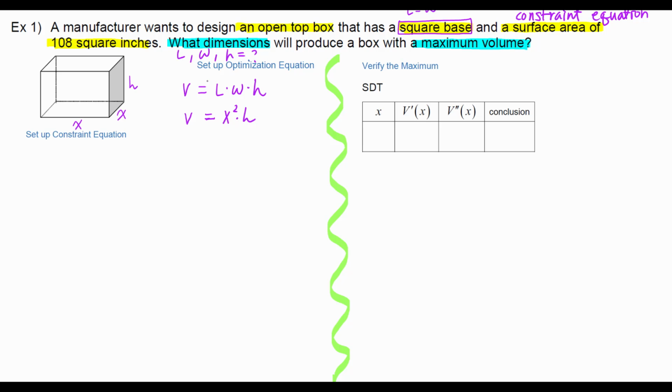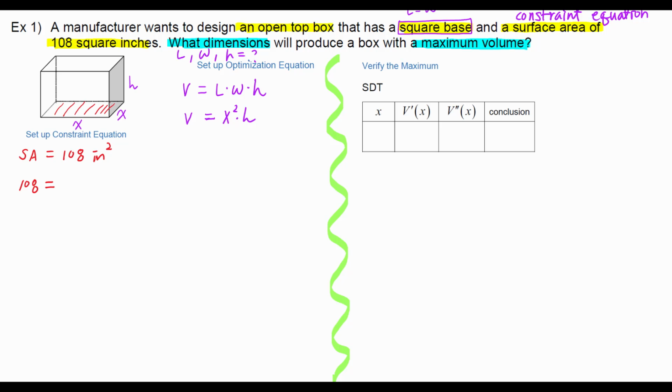We are given that the surface area of this box is 108 square inches. Surface area of a box is a sum of areas of all faces. So 108 equals, what will be the area of this bottom?